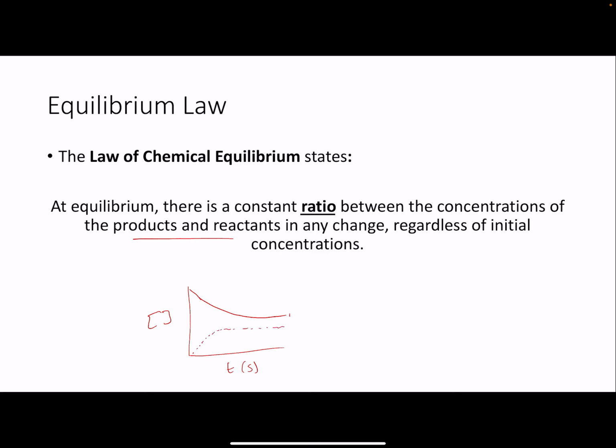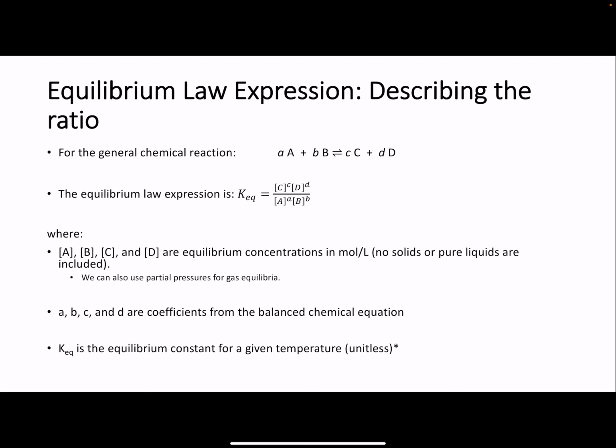If that's reactants and that's products, the ratio of these two for a specific reaction will always be the same regardless of what the initial concentrations were. We can double those concentrations, and at the end they will still be that far apart. There are many scenarios where those lines can overlap, or the products can be above the reactants, and those are outlined in the first module as well.